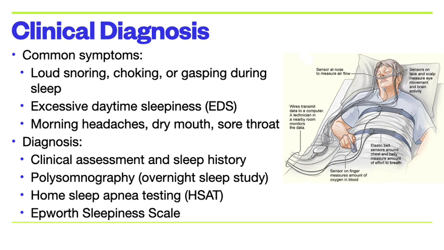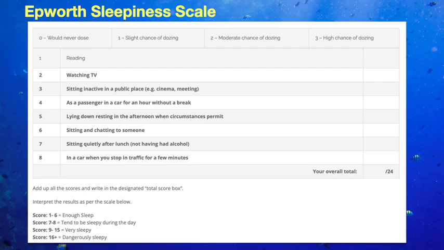Today, there's home sleep apnea testing where they give you a less complicated device, a pulse oximeter that calculates your oxygen saturation, and you also have to answer the Epworth sleepiness scale, a group of questions given to you. We're going to go over it briefly.